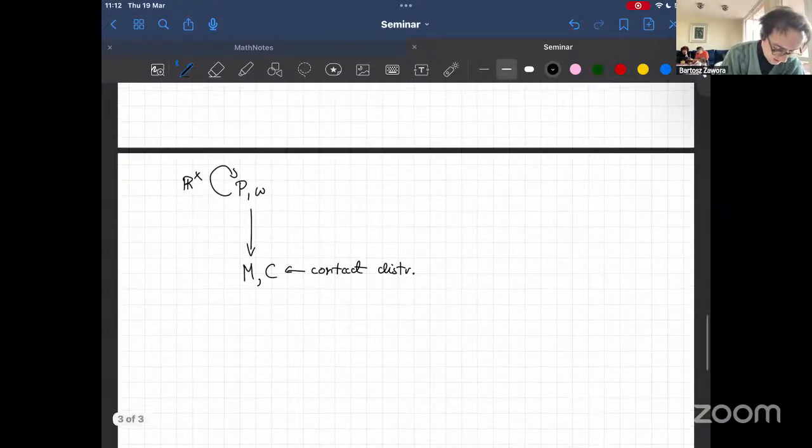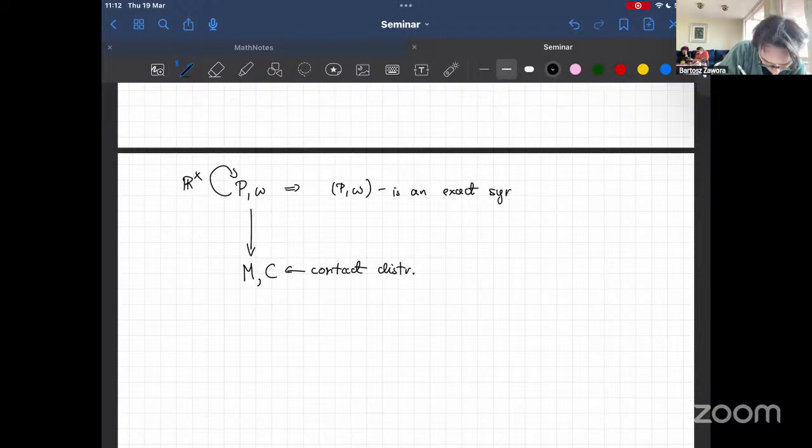In this case, since ω is one-homogeneous, in fact (P, ω) is an exact symplectic manifold. Since ω is closed and the Lie derivative of ω equals ω, one can easily show, using the Cartan formula, that this is an exact symplectic manifold.